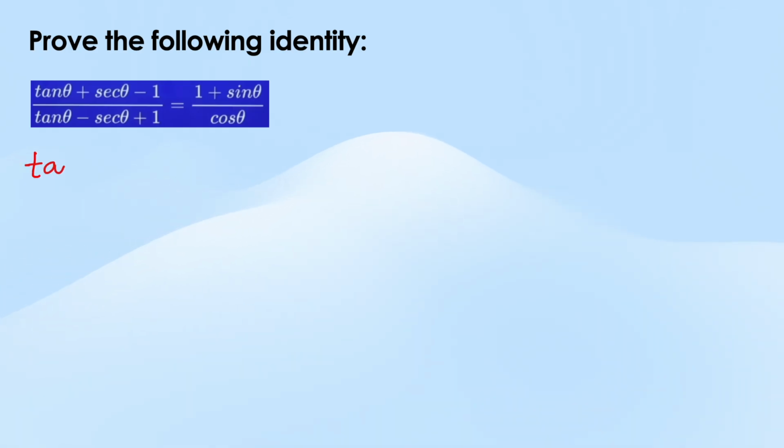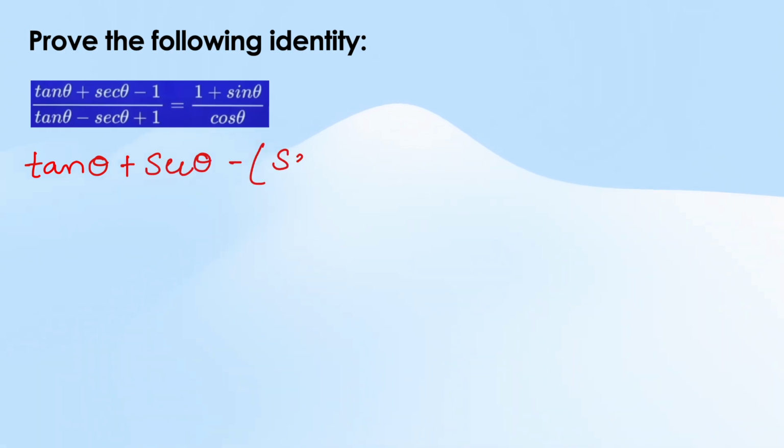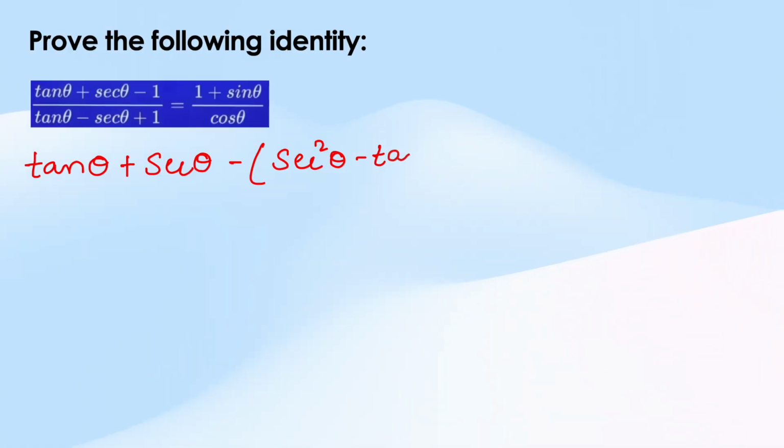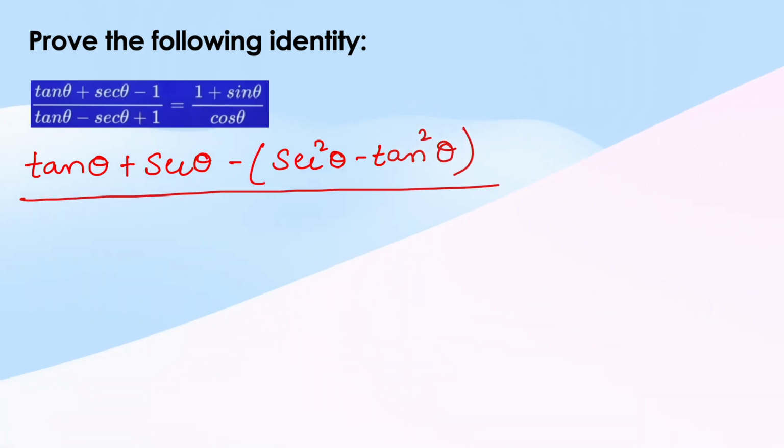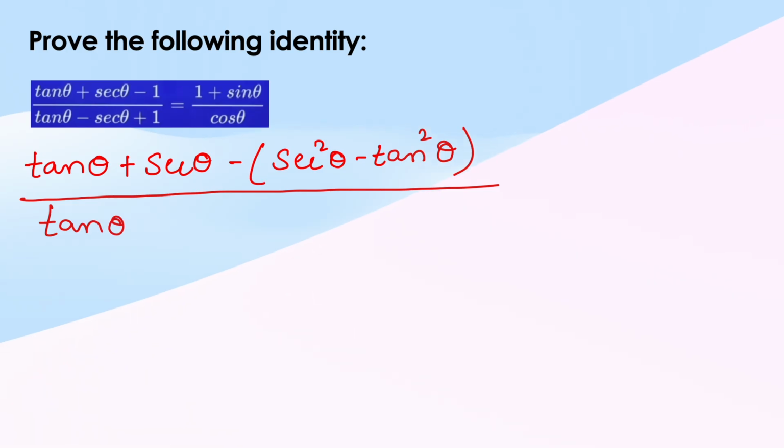Let's put this. So tan theta plus sec theta minus, in place of 1, I just put the value of sec square theta minus tan square theta, divided by tan theta minus sec theta plus 1. Hope this is clear.